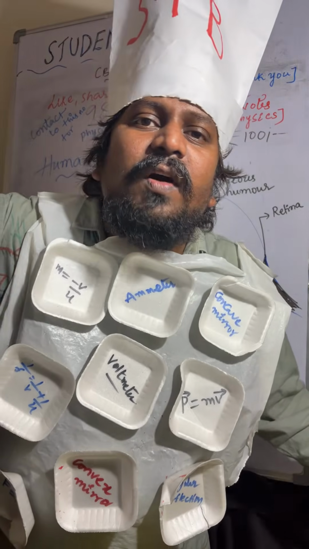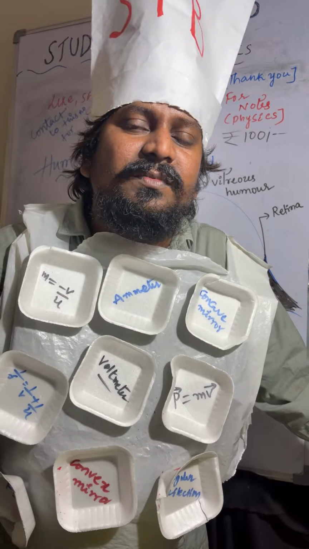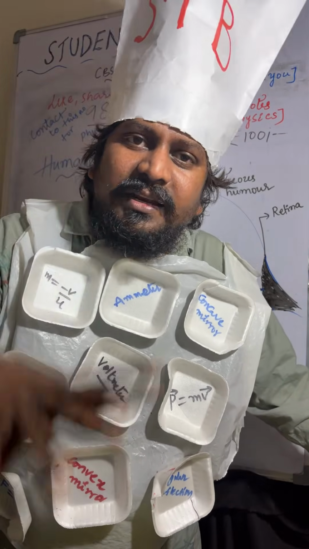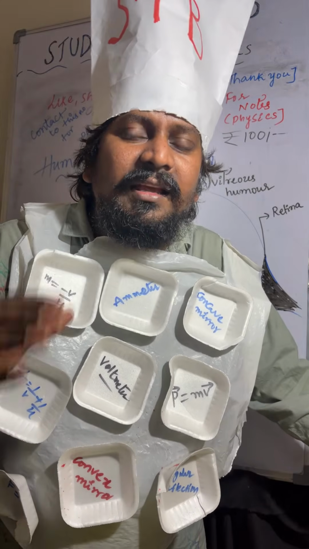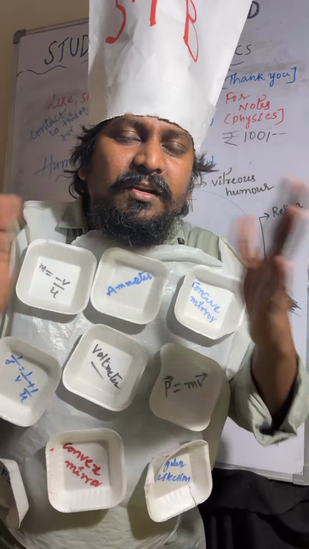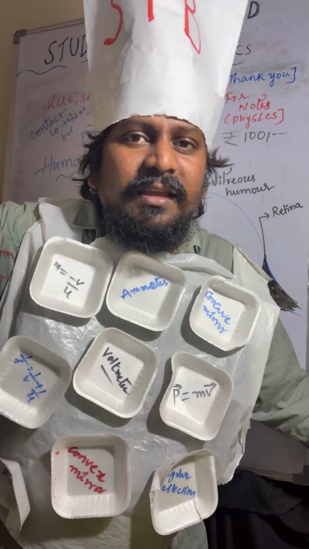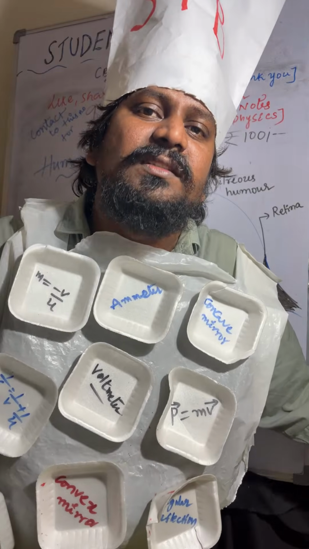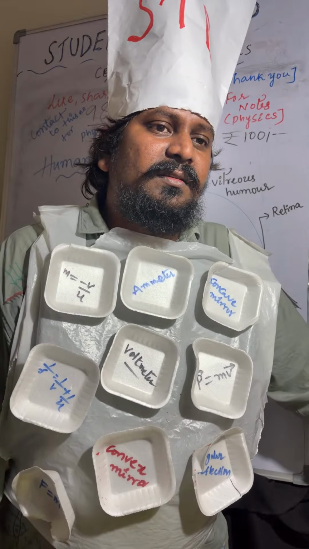When you are seeing a far distance object, ciliary muscles will be relaxed, eye lens will be thin, so that focal length increases and we are able to see the far distance object. And here two more points.